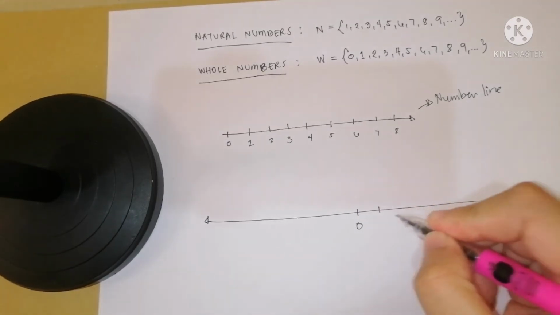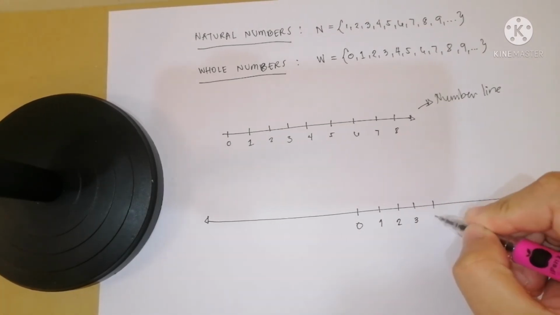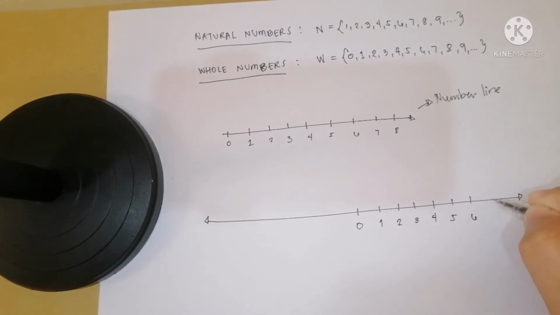Then of course, we have here 1, 2, 3, 4, 5, 6, 7, 8, and so on. The arrow pertains to the number next to 8.